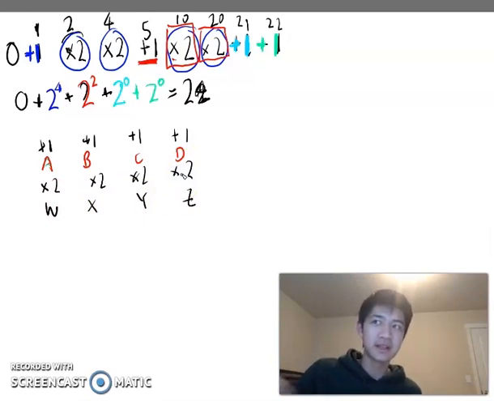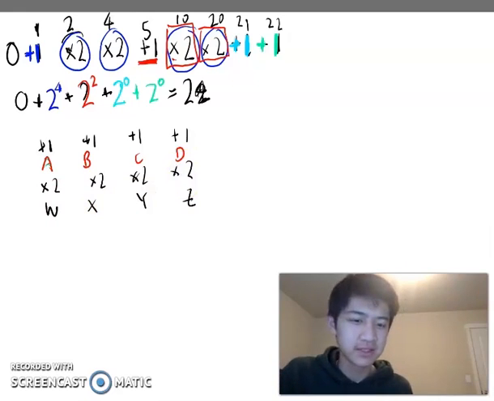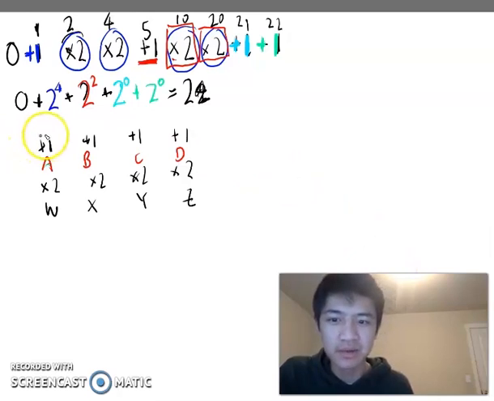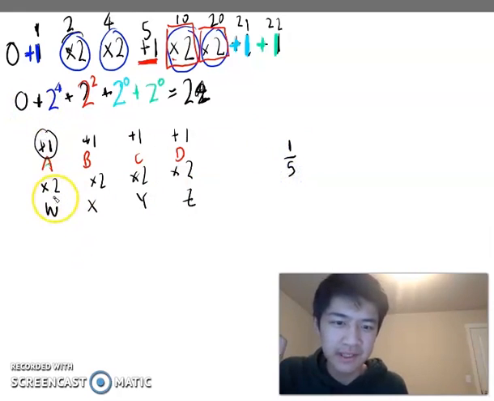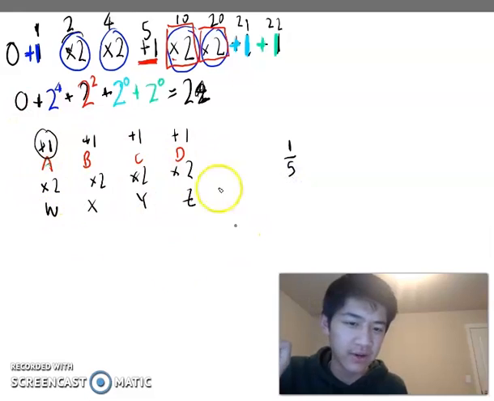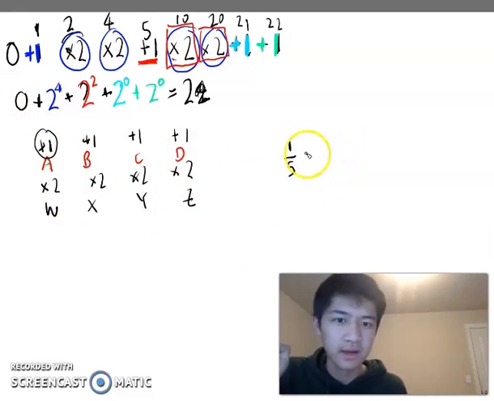The probability that some letter comes first is just 1/5, because each of them has an equal probability of being first. So the probability that this plus 1 comes before all of these times 2's is 1/5, and this is the probability that it's under the effect of all 4 of them. So it should be 1/5 times 2 to the 4.